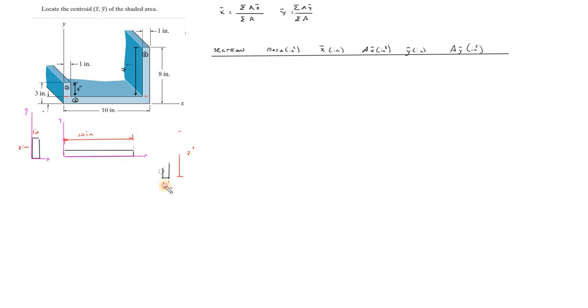Let me erase it here just so I can show it a little bit easier. I'm going to draw down here. Again, where this was 7 inches and this was 1 inch.